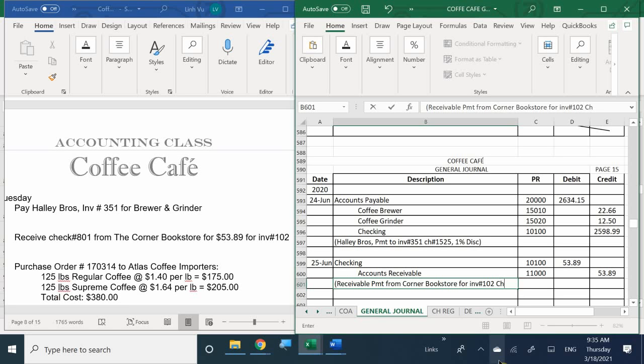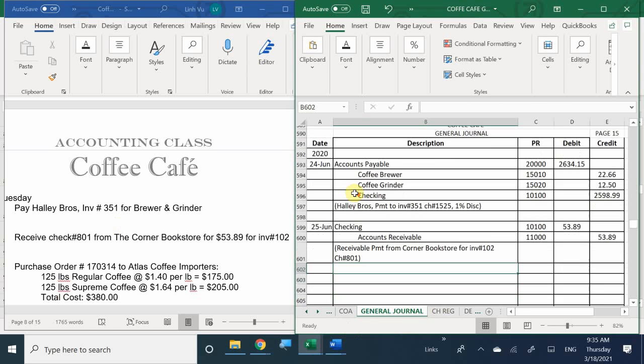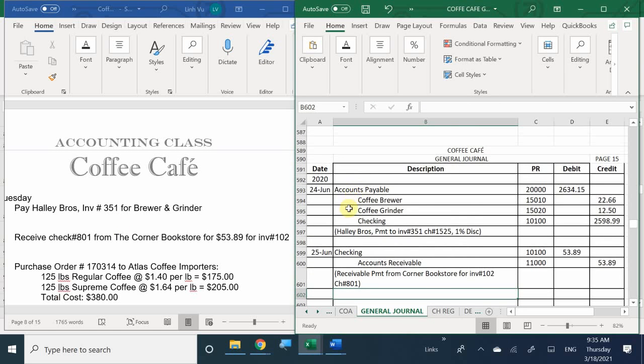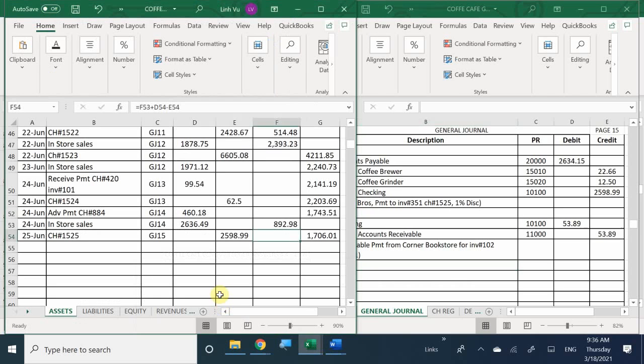Which check number? 801. Okay, good. So where do we go next? Ledger. So here we are under checking.